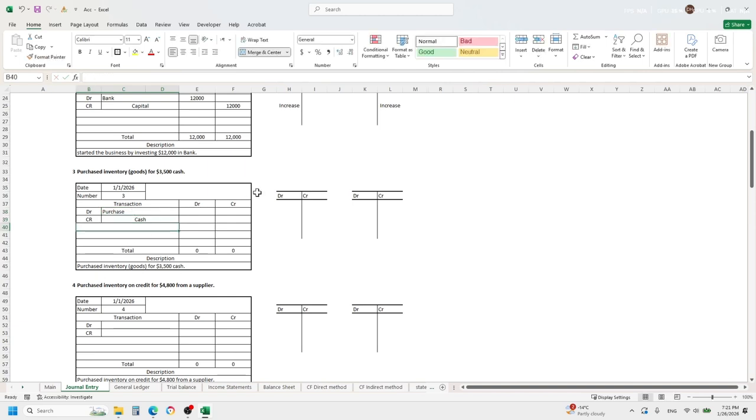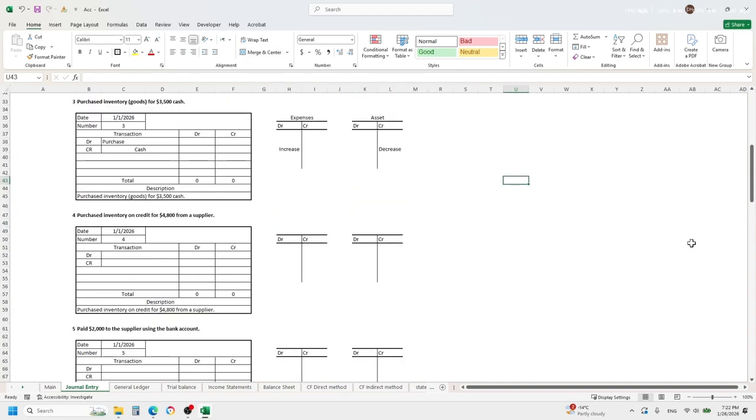When we buy we expense, so the expenses account increases by debit, and the asset account decreases by credit. Number 4, purchase inventory on credit for 4,800 from a supplier.